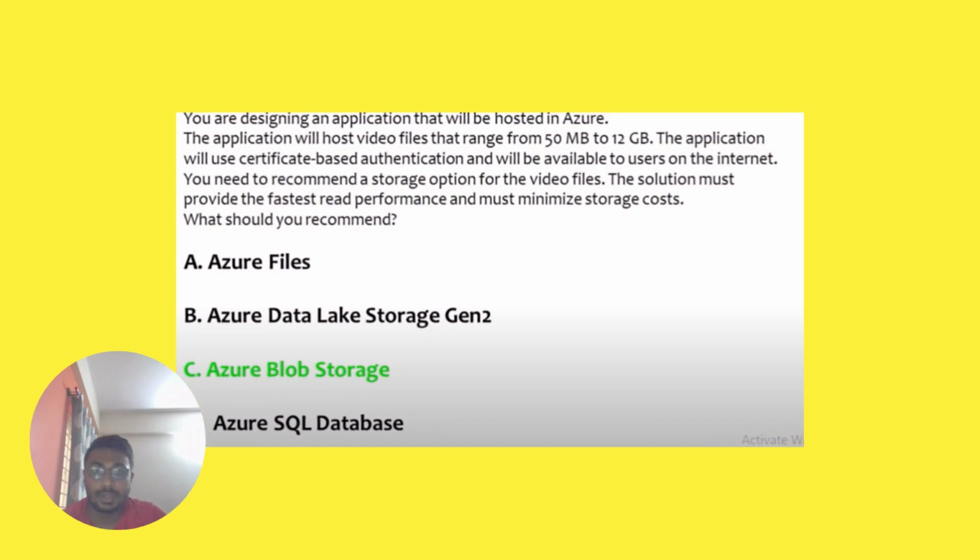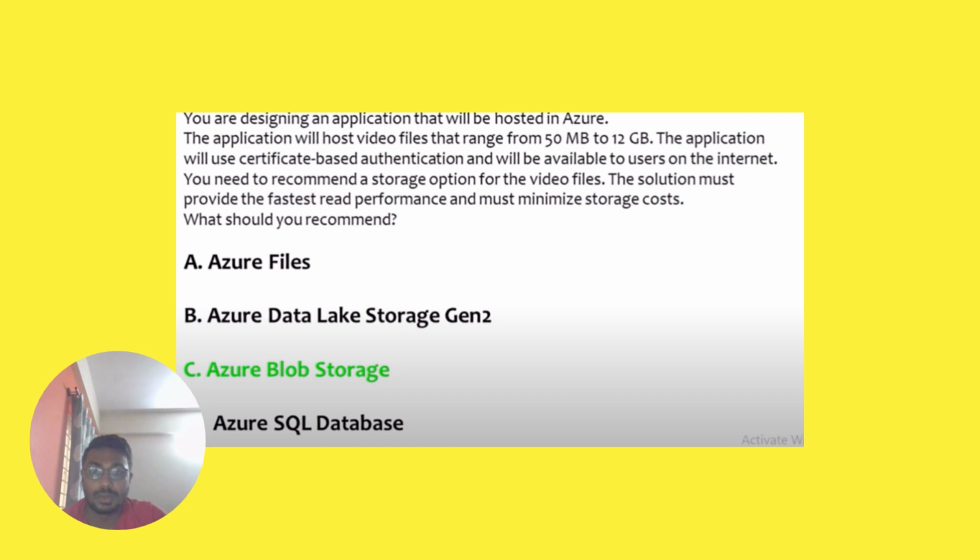Now you are designing an application that will be hosted in Azure. The application will host video files that range from 50 MB to 12 GB. The application will use certificate-based authentication. You will need to recommend a storage option for the video files, and the solution must provide the fastest performance.